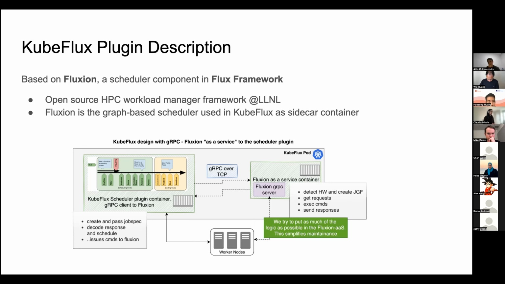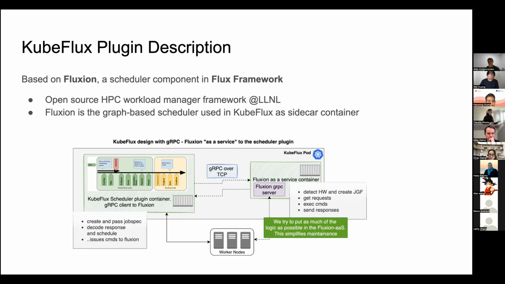If that's the case, then there could be scheduling conflict, right? Because it's like two brains working to make the decision, looking at the same cluster resource, and you have different databases, and the resource might not be synchronized very well because there are two schedulers running in parallel. Yeah, that's correct.